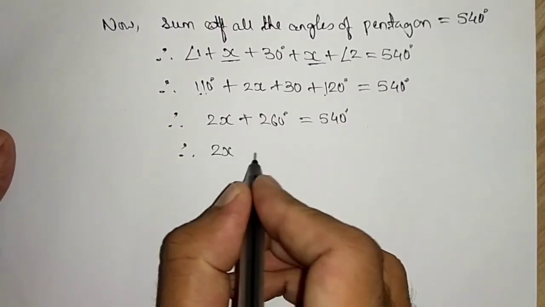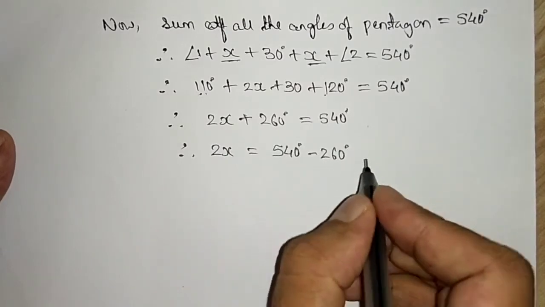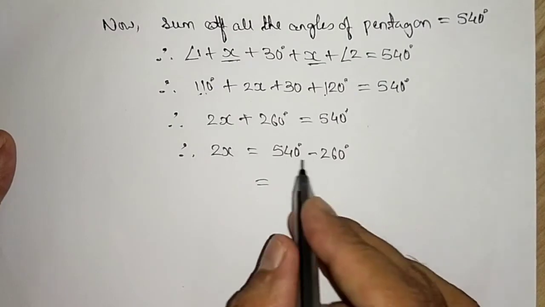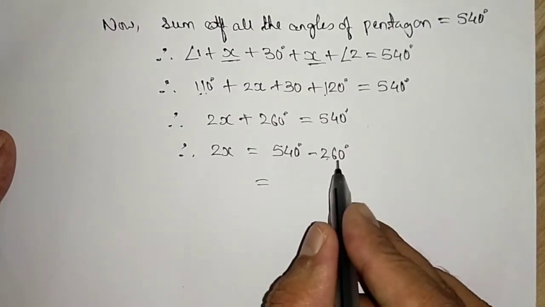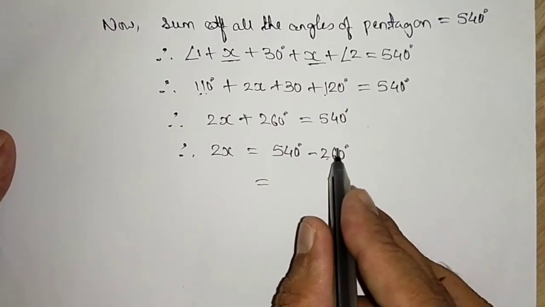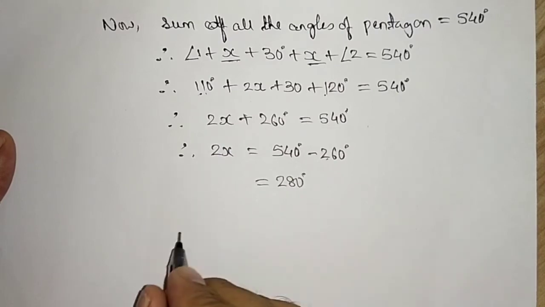Therefore 2x is equal to 540 minus 260. It will be 280 degrees.